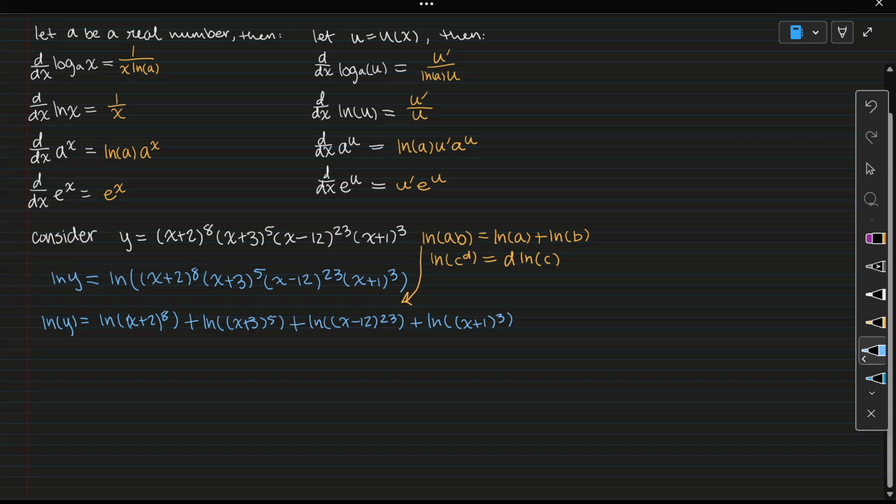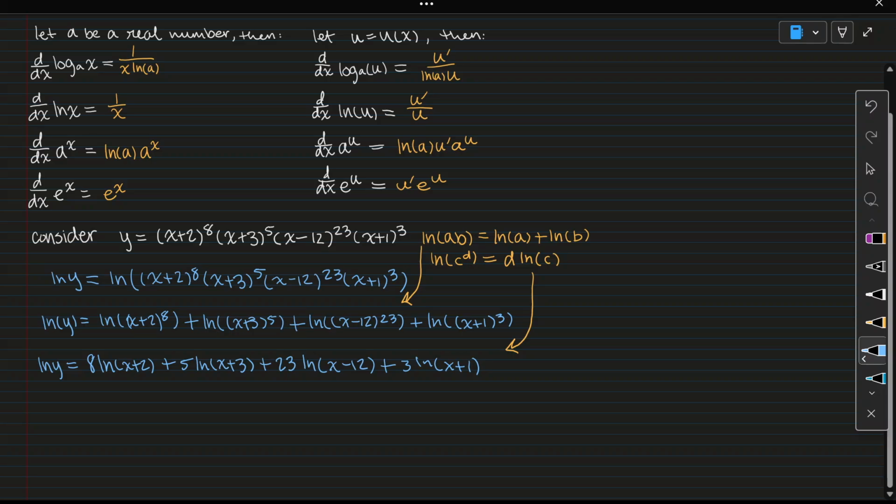So I was just able to split that product up into a sum of natural logs. Next I'll apply that second rule to this step. So I have that ln of y equals 8 ln(x plus 2) plus 5 ln(x plus 3) plus 23 ln(x minus 12) plus 3 ln(x plus 1).